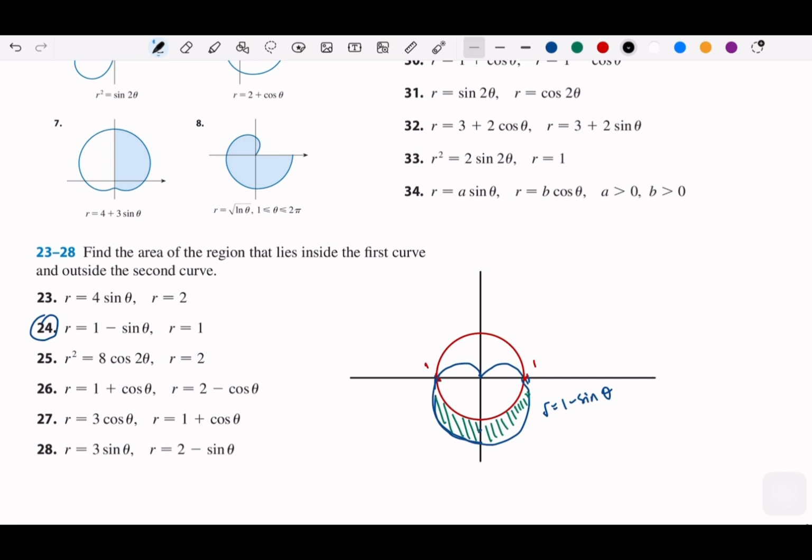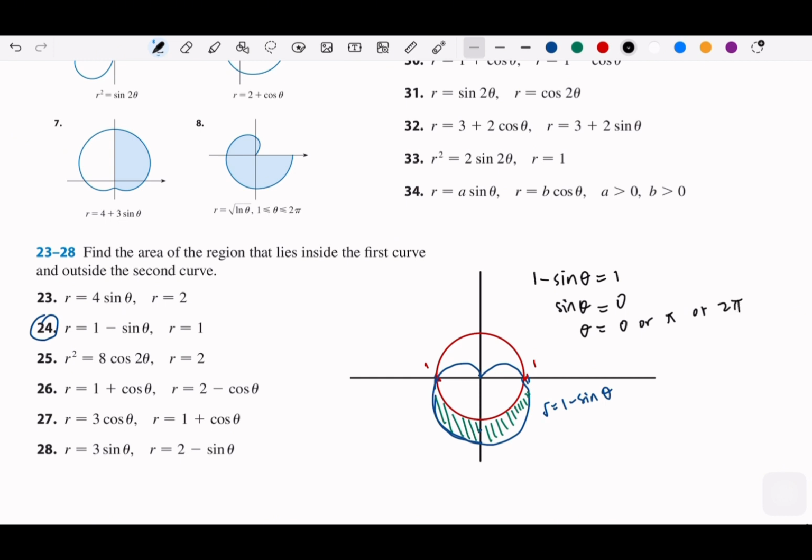If we want to find the intersection, we can find it through this equation, right? r equals 1 and r equals 1 minus sine theta. We get sine theta is 0. When sine is 0, we say 0 or pi, or 2 pi.